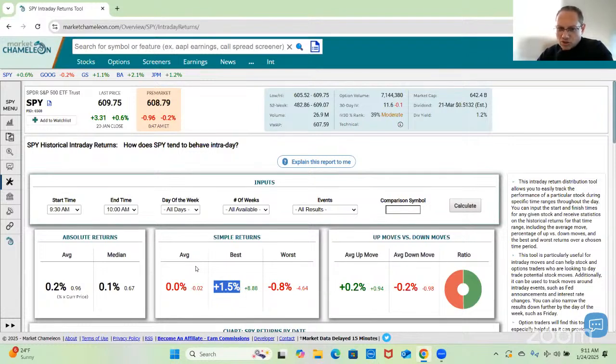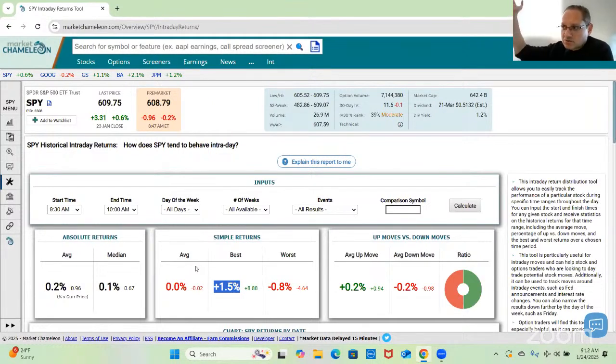So another thing we could do is look at the simple returns separated and put in buckets, the up moves and then the down moves. The idea there is that we could have an imbalance in the frequency of moves to the upside or the downside. It's potentially that 60% of the time the stock's higher and 40% of the time it's lower, but the magnitude of the moves could be different.